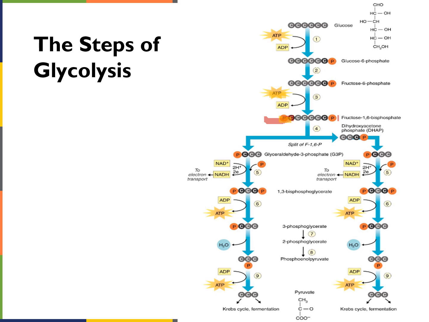So now we are at fructose 1,6-bisphosphate. If you look at the structure, it's a 6-carbon backbone, and it's got a phosphate at both ends. This molecule gets cut in half, right through here. The left side of the molecule becomes glyceraldehyde 3-phosphate. The right side of the molecule becomes dihydroxyacetone phosphate. Okay.